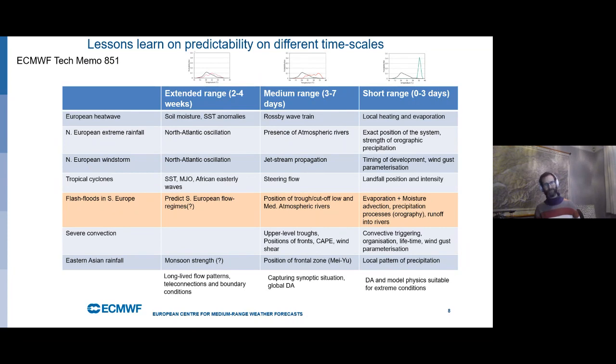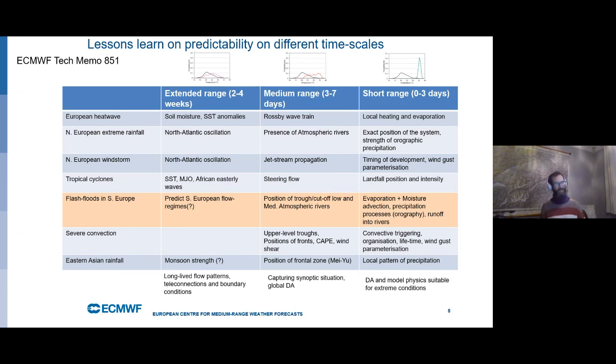And I put a question mark because we do not know yet whether these are predictable or not on this time scale. Then in the medium range, it's more about the exact position of the trough or cutoff low that determines the steering flow and the atmospheric rivers reaching towards the Alps. And then in the short range, the evaporation and the moisture advection and also precipitation processes in relation to orography.